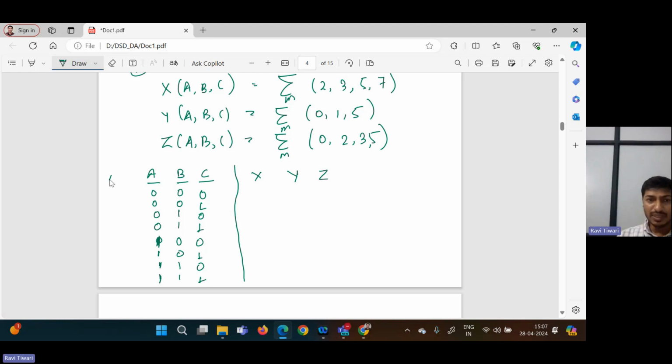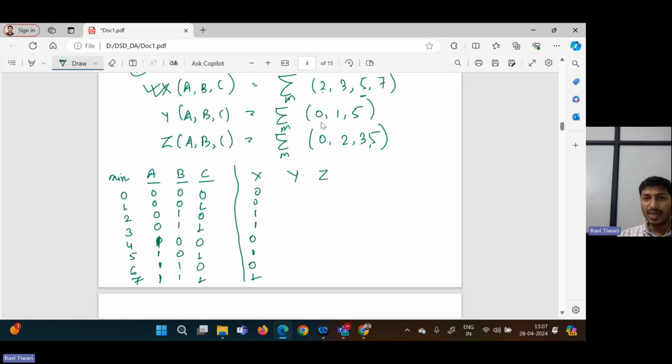As the minterms that we are having, the values are 0, 1, 2, 3, 4, 5, 6, 7. So wherever the X is available, like 2, 3, 5, 7. So for 2 it is 1, 3 is 1, 4 is 0, 5 is 1, 6 is 0, and 7 is 1.